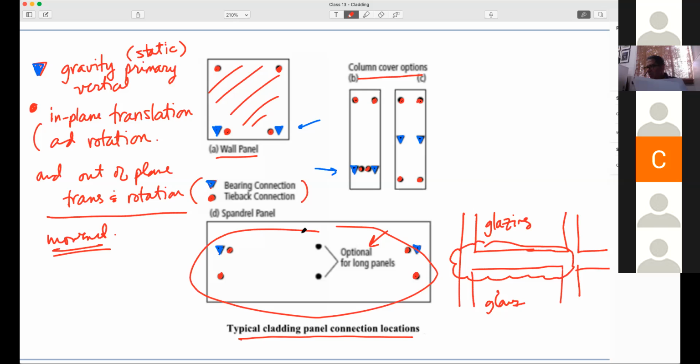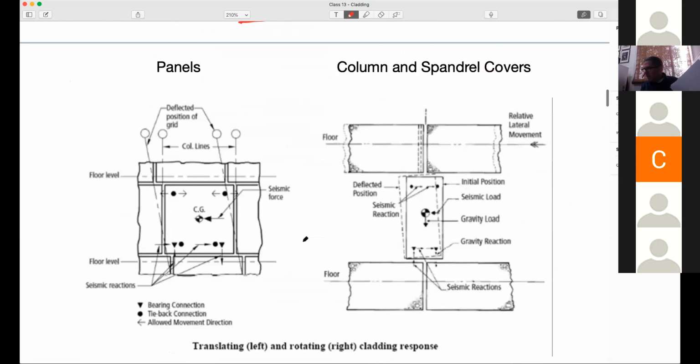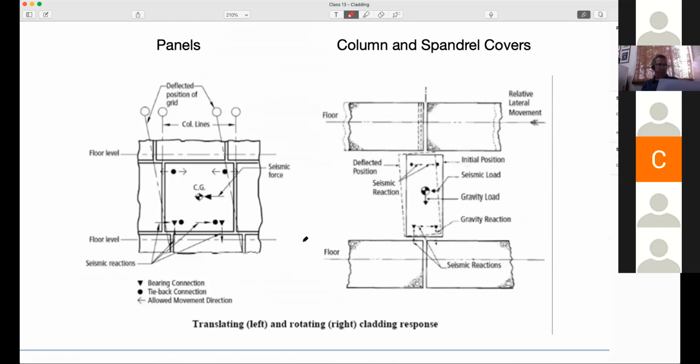So we need to think about all these connection points. So that's what we're going to spend a little time looking at. So just looking at these panels, and now having you think in terms of a building that has multiple panels, seeing where those floor lines possibly would be located, and then where those instability, and then where those connection points would be sitting, both the bearing and also the tieback connections.